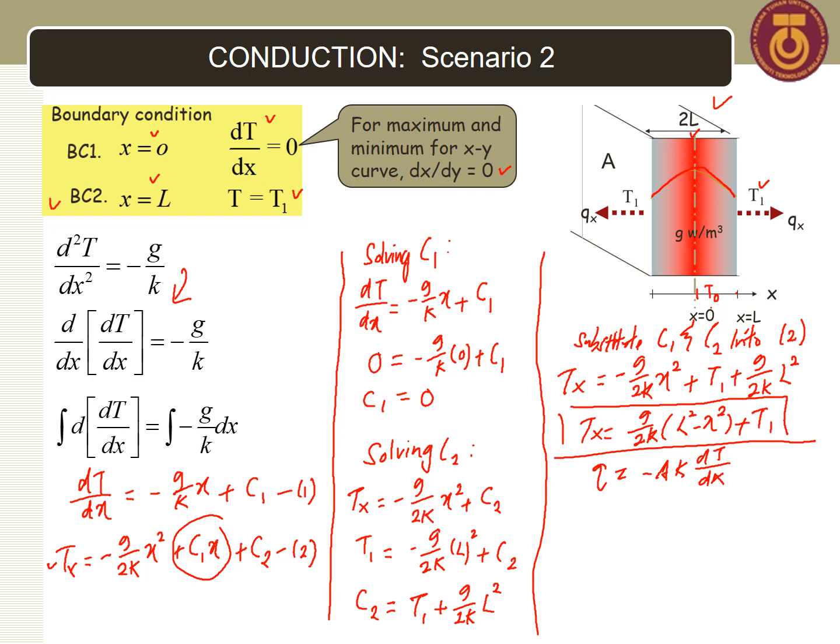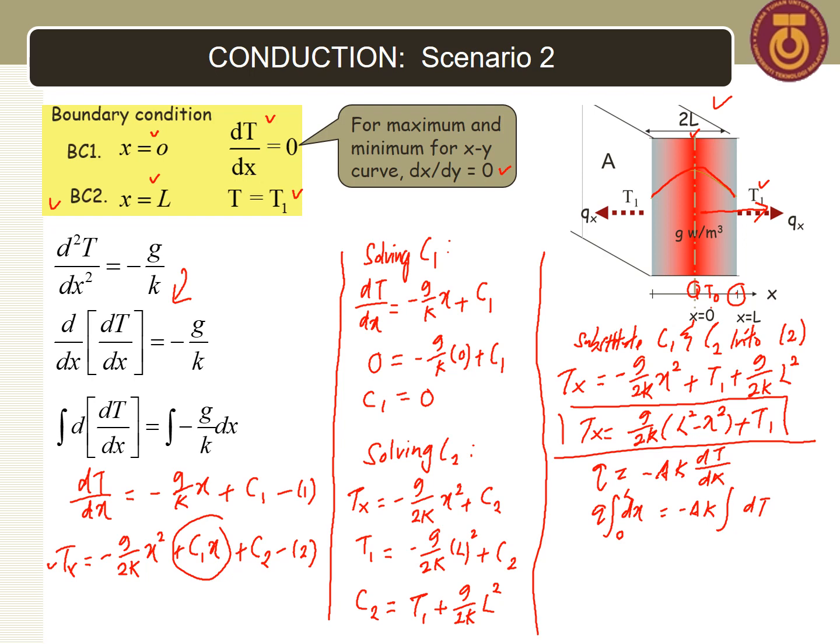We move dx to the left, equals negative A k dT at the right. Let's take the limits from 0 to L. We are considering from 0 to L because we want to know the heat transfer rate from here to the right, to the surface.